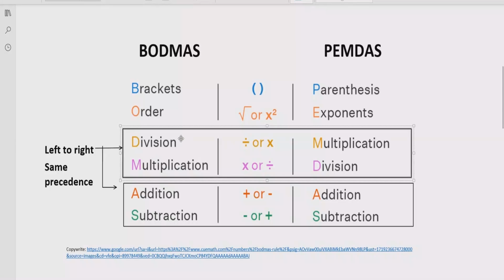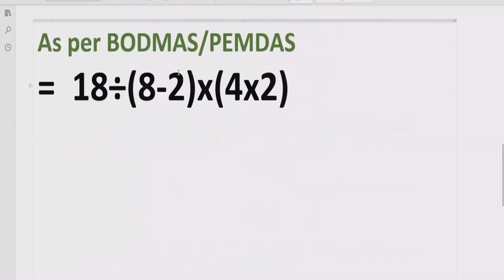If you are using BODMAS, you cannot say I will solve the division first, and if you are using PEMDAS, you cannot say I will use multiplication first. You can solve whichever comes first. Similarly, for addition and subtraction we have the same rule. We can solve addition first if it comes first, and subtraction first if it comes first. Now, let's move on to solve the given expression.